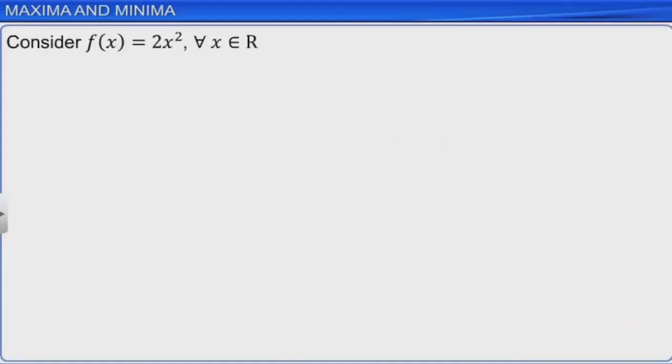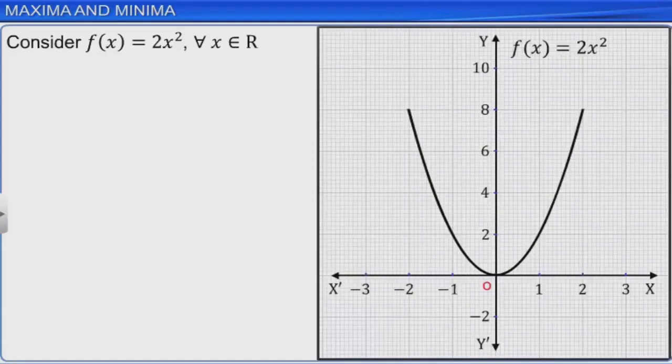Consider the function f of x is equal to 2x squared for all x belonging to the set of real numbers. Let us find the maximum and minimum values of this function in the domain R. The graph of the given function can be drawn as shown. Now, observe the graph carefully.